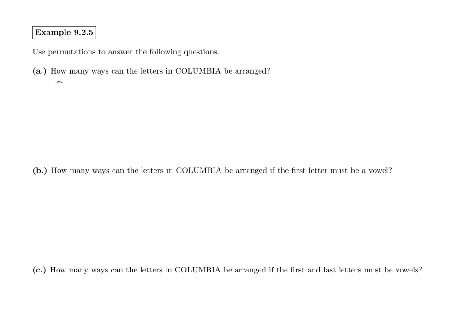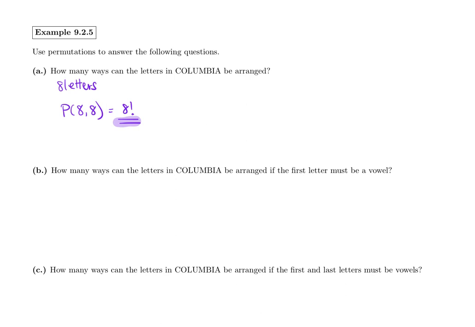So the way that we can arrange them is the permutation of 8 choose 8, which is 8 factorial. And no, I did not multiply all that out. You certainly can if you would like to. It's going to be a fairly large number. I just left it at 8 factorial.